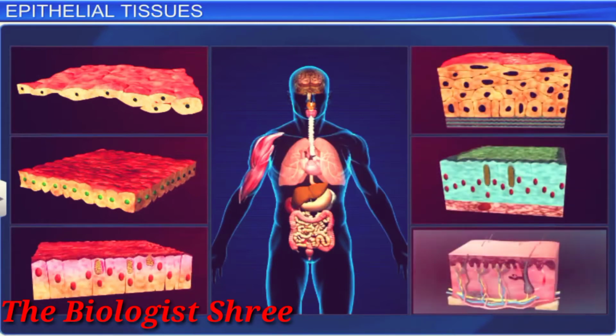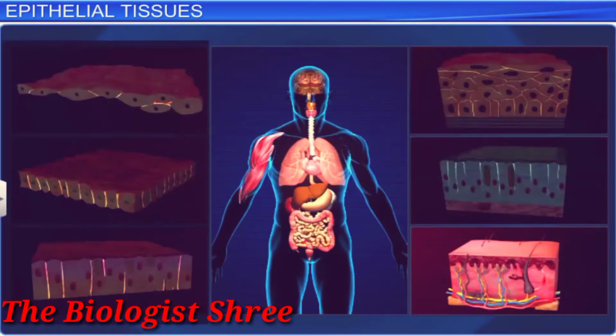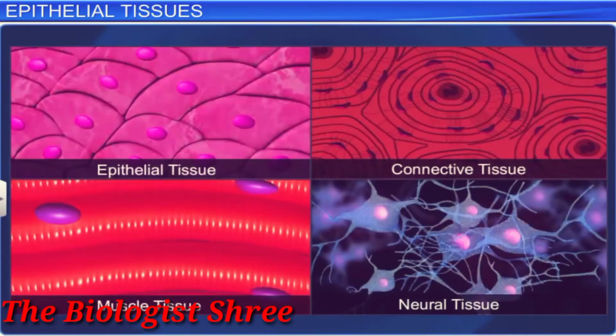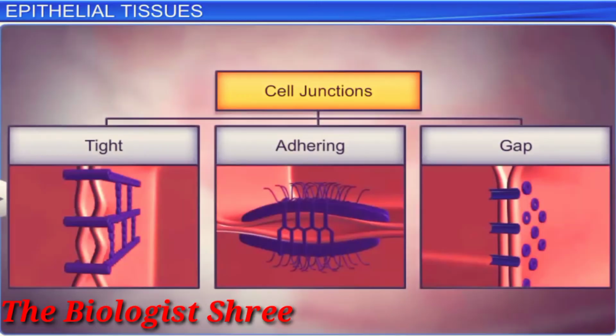Epithelial cells are compactly arranged with little intercellular matrix. The epithelium and other tissues have specialized junctions, which provide both structural and functional links between individual cells. These junctions are of 3 types, namely tight, adhering, and gap.